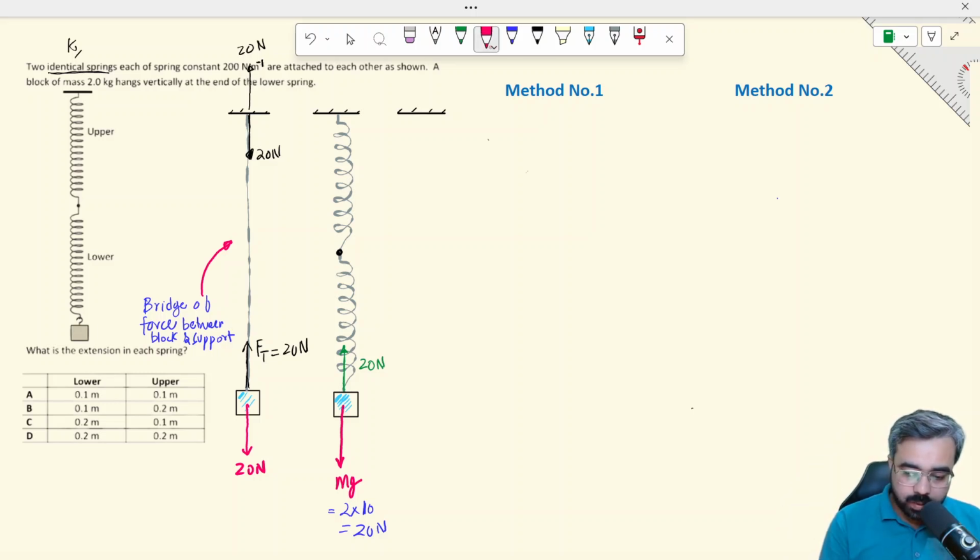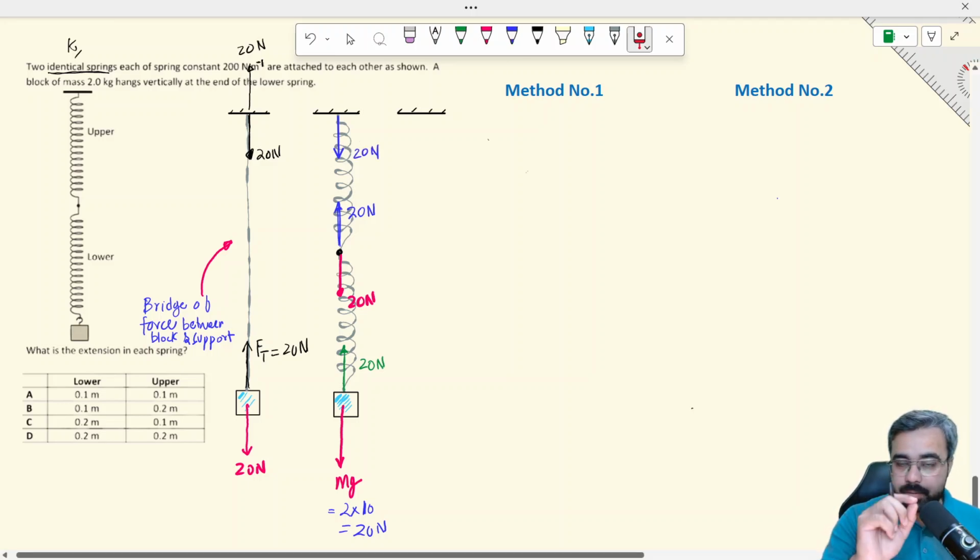If this is 20 newtons at this point, it would be 20 newtons downward at this point, and these two 20 newtons are a pair of forces. Now, in order to keep the connection stable, 20 newtons must be applied upward at that point. And then at the other point of the spring, it should be 20 newtons downward.